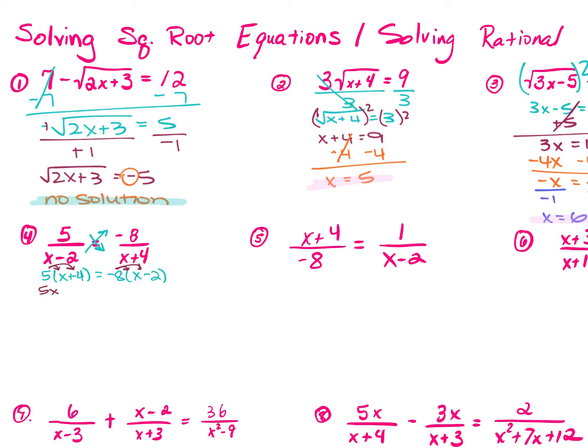So we're going to have 5x plus 20 is equal to negative 8x plus 16. What would you like to move over first? The 8? How? Okay. So if we add the 8x to both sides, this is going to give us 13x plus 20 is equal to 16. Then what? Subtract the 20. 16 minus 20 is? 4. So 13x is equal to negative 4.